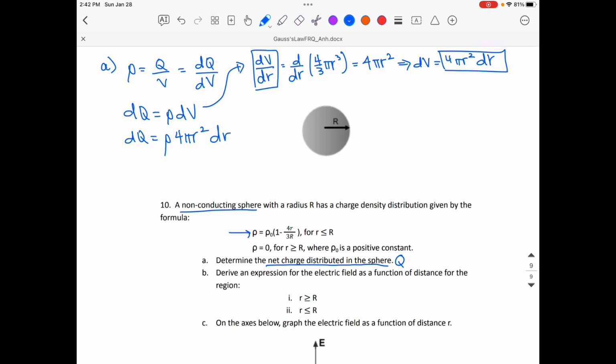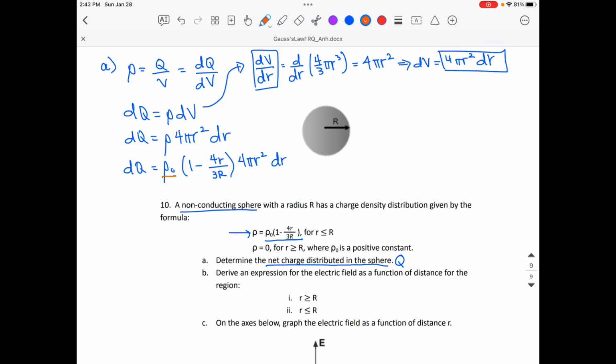So then I plug that in. I also know that my rho is an equation that also has r in it. So I'm going to do dq is equal to rho naught times (1 minus 4r over 3R) times 4 pi r squared dr. So I want to bring all the r's together and get rid of all the constants.